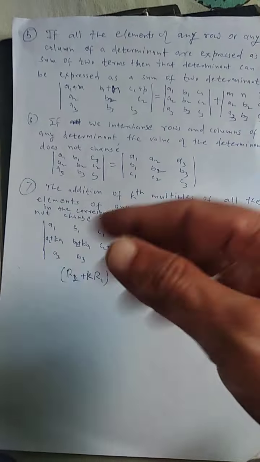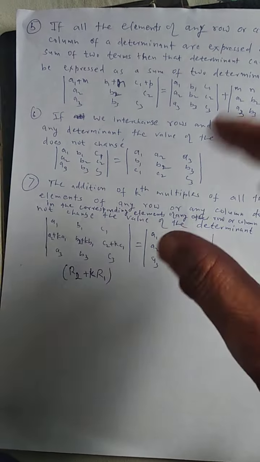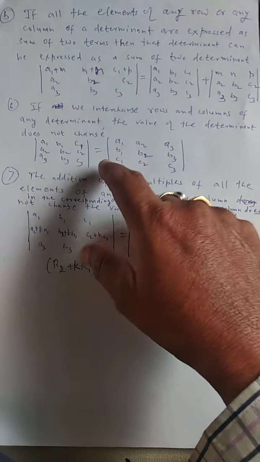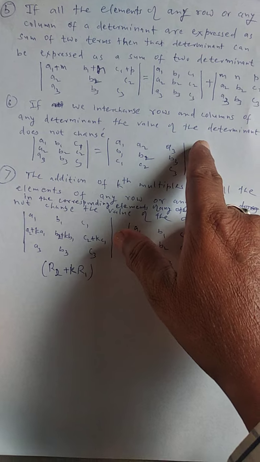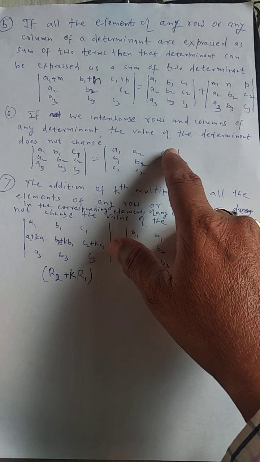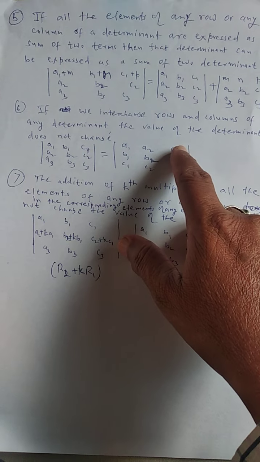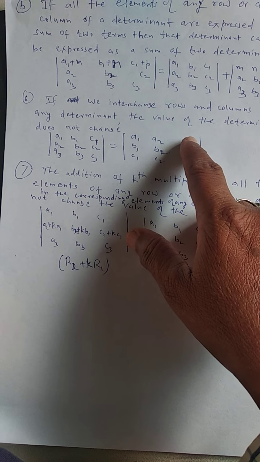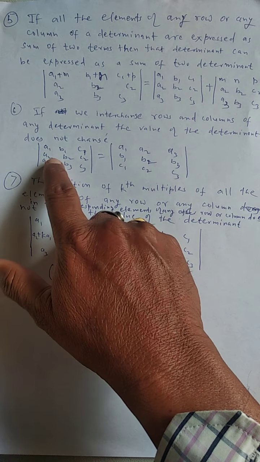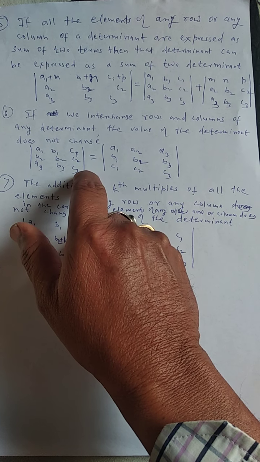You can verify this by taking figures also. You can take any figures, like 4, 3, 4, 5, 4, minus 7, 1, and verify this property. The sixth property is: if we interchange rows and columns of any determinant, the value of the determinant does not change. It remains unaltered. So our original determinant is a1, b1, c1, a2, b2, c2, a3, b3, c3.